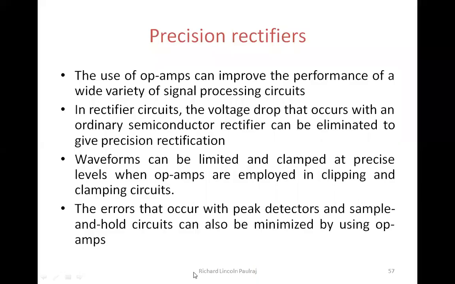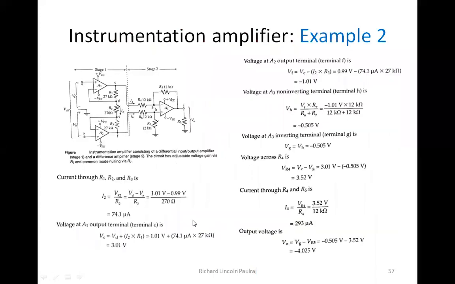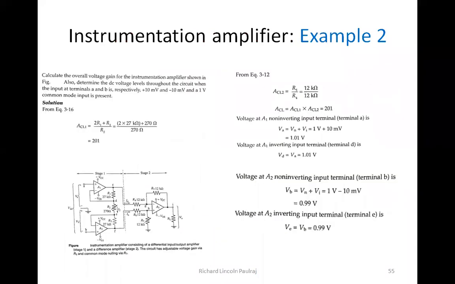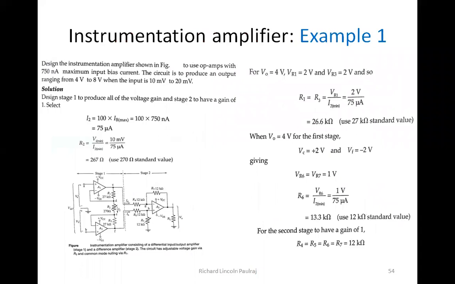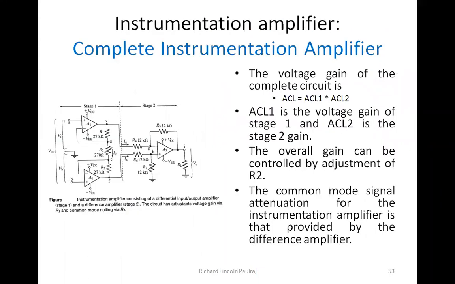So we have discussed a few concepts, such as the instrumentation amplifier, in previous lectures, where we had multiple stages and how we connected them. We saw that ACL is a multiplication of stage 1 and stage 2.